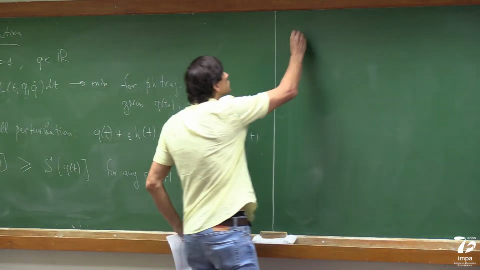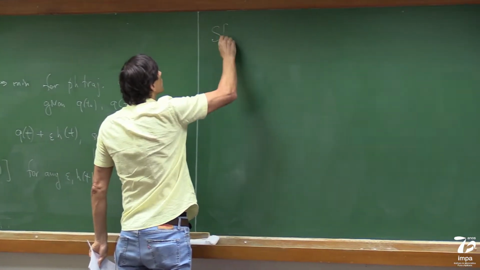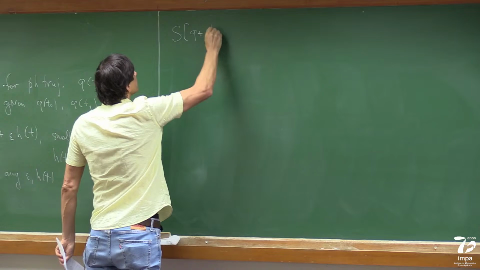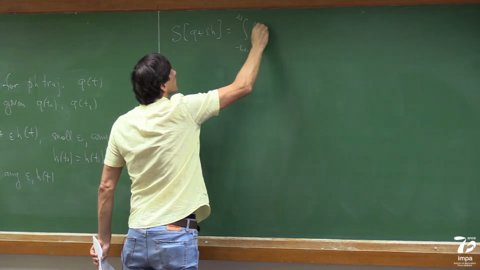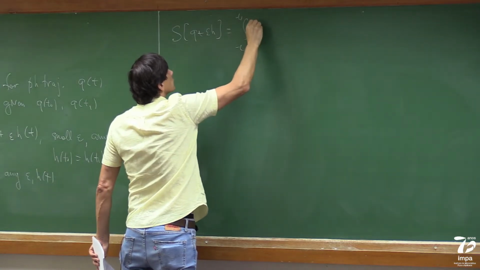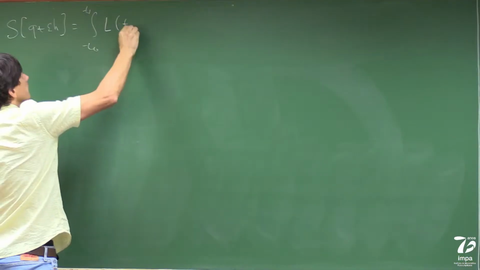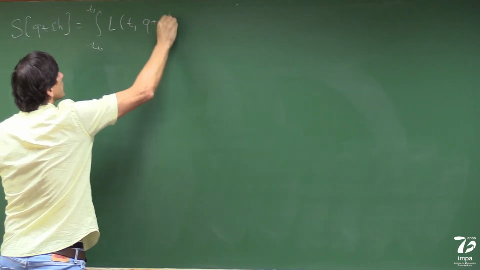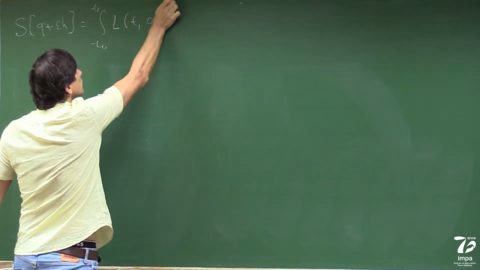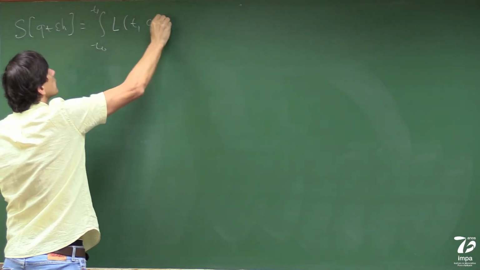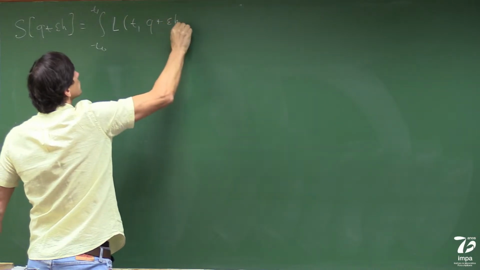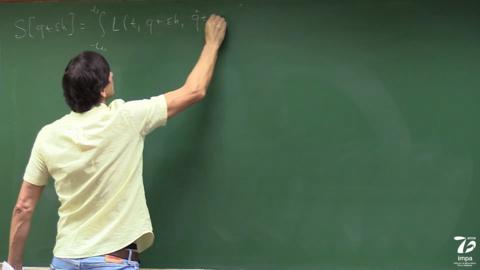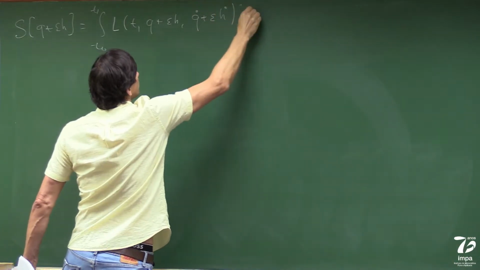Okay, so we take the Taylor series. So how we do it? So this q plus epsilon h is by definition this integral. So what it is? L t, q plus epsilon h, q dot plus epsilon h dot, dt.